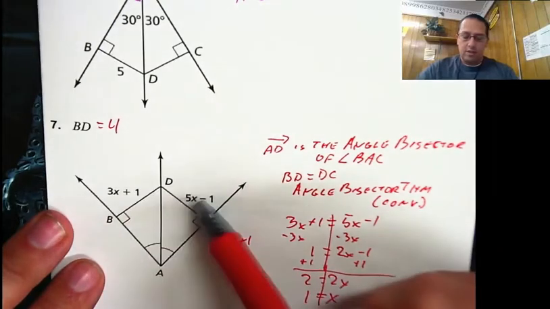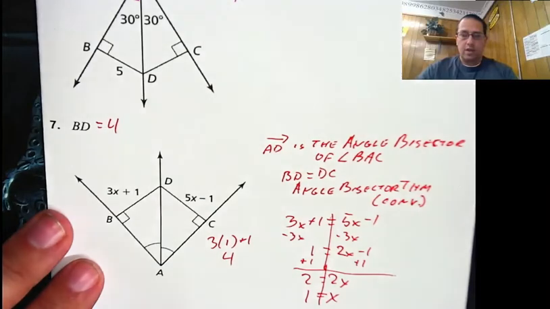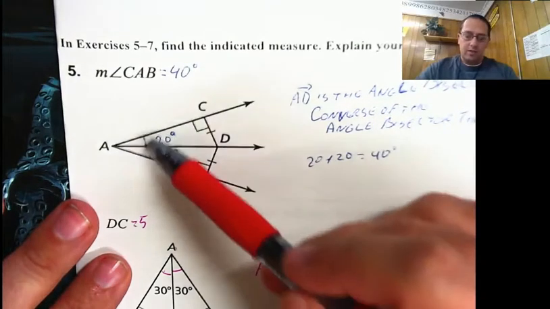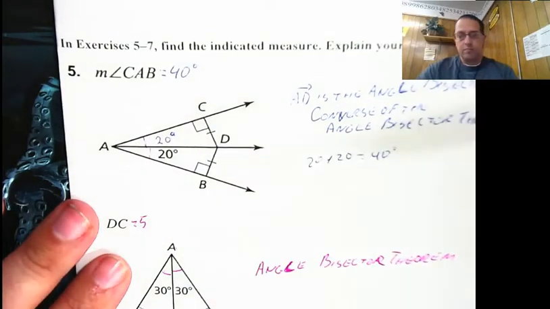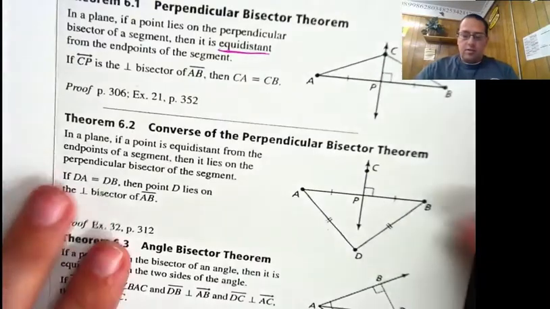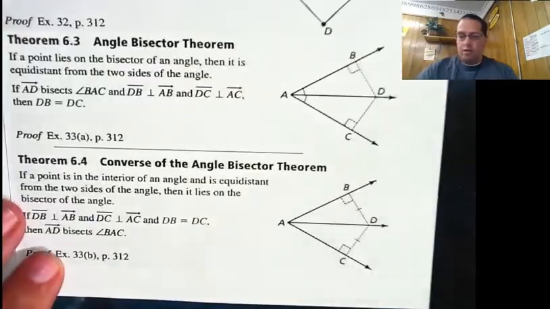Your distance is going to be congruent. It's going to be equidistant from both sides of the angle. If it is equidistant from both sides of the angle, then that means it's on the angle bisector, so your angles are going to be congruent. All right? And there it is. So that's perpendicular bisectors, and there are the angle bisectors.